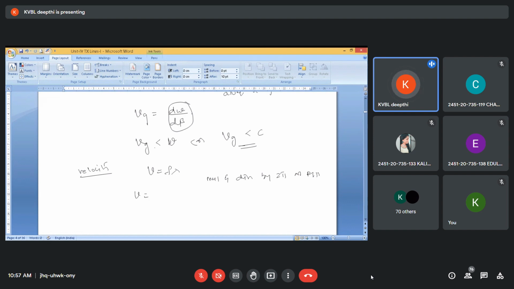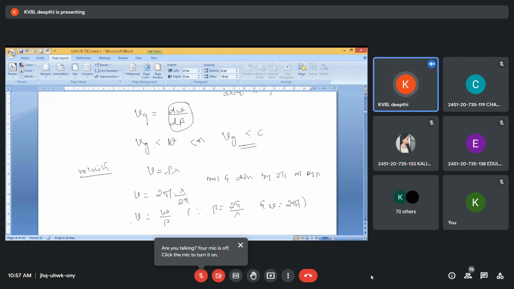So V is equal to 2 pi f into lambda by 2 pi, which will be directly given as omega by beta. V is equal to omega by beta. Enduku? Beta is what generally? 2 pi by lambda, and omega is equal to 2 pi f. For that reason, we will be getting the equation directly. V is equal to this one.